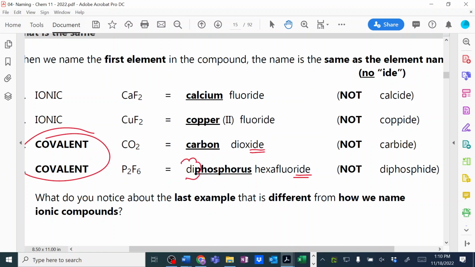All these extra little bits and bobs, right? There's dies, there's hexas, okay? Can you guess what di means? Di means 2.